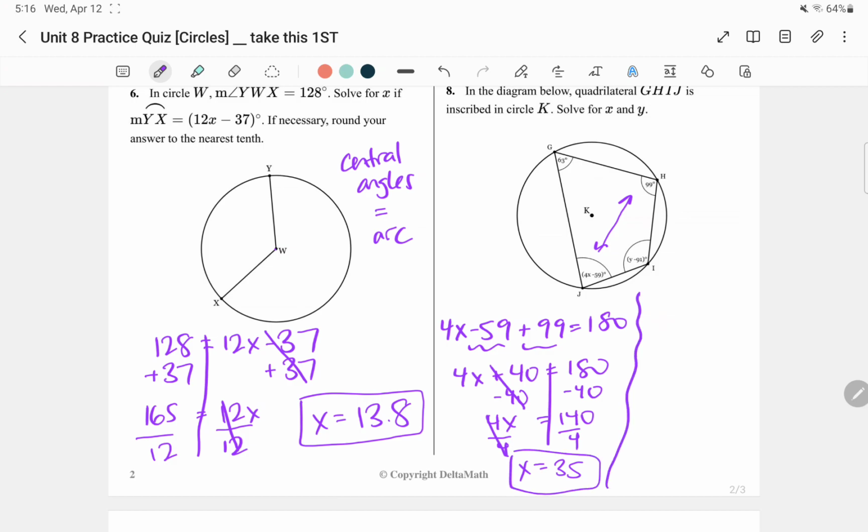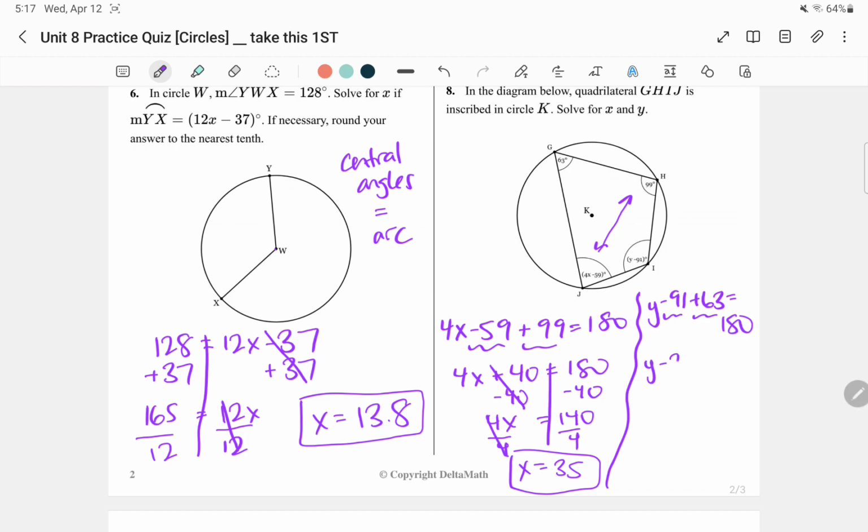And now we also have to solve for y. I don't have a lot of room here, so I'll try to write a little bit smaller. So y minus 91 plus 63 equals 180. So I'm going to combine like terms. And 91 minus 63 gives us 28, so negative 28.